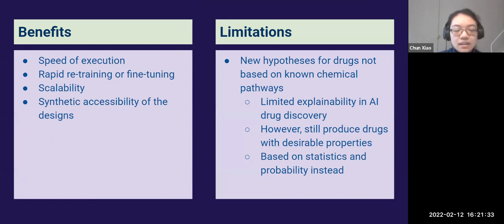Secondly, there is the ability to rapidly retrain or fine-tune the algorithm. If you have new experimental data that has come out, then you can rapidly retrain your algorithm and it can immediately be improved. So if you find that the algorithm is deficient in some area, you can correct it that way. And next, there is scalability.